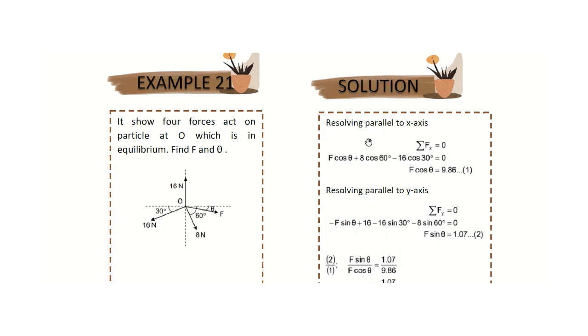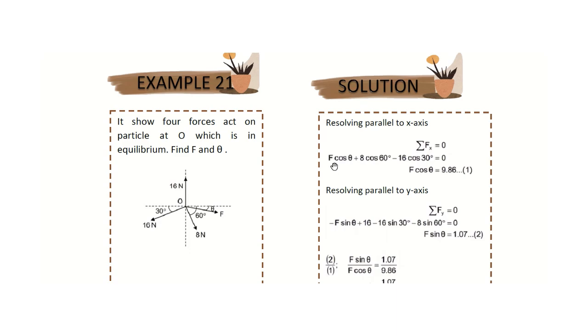So first we solve parallel to the x-axis, find the component of the x-axis. First we set the total force Fx equal to 0, because our forces here are in equilibrium.